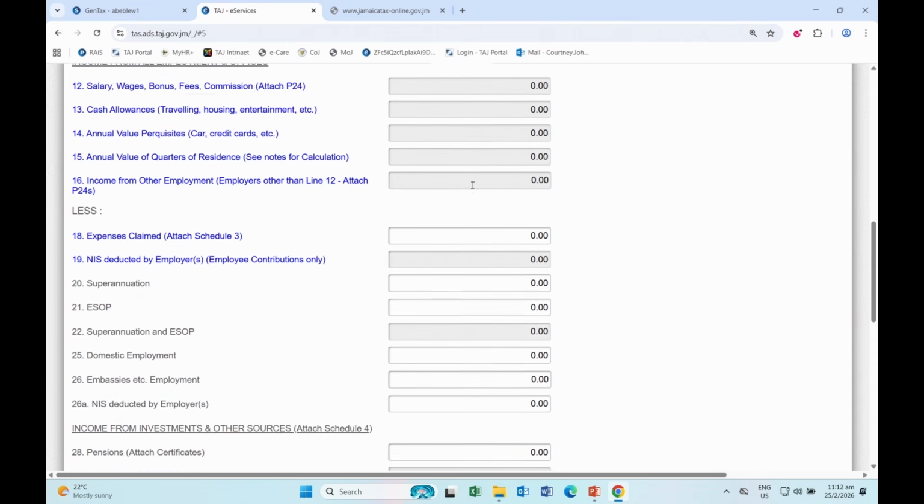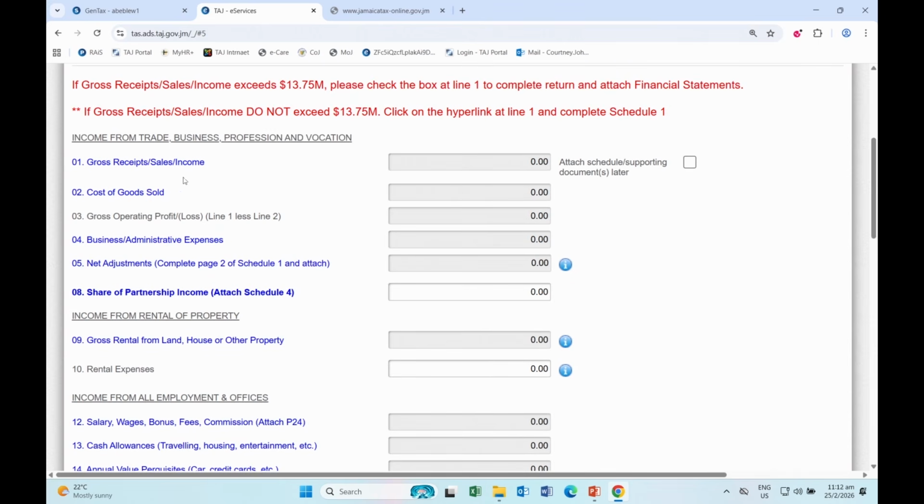So the Act speaks to worldwide income. So if you're earning here, or if you're earning overseas, all this information is captured in Section B of the return, and this is the page that we're on now.